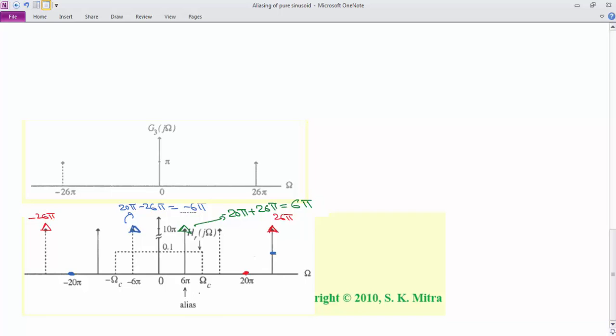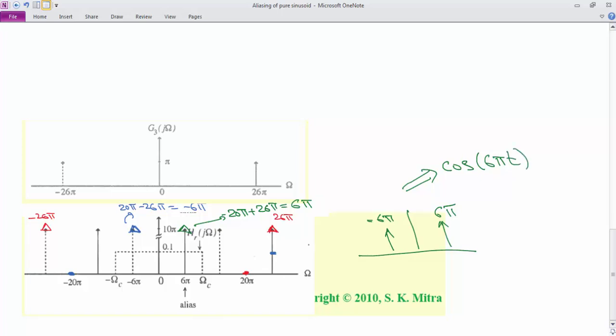And now when you low pass filter it from minus 10 pi to 10 pi, what you will get after low pass filtering is an impulse at minus 6 pi and an impulse at 6 pi. And this corresponds to a cosine of 3 Hertz.